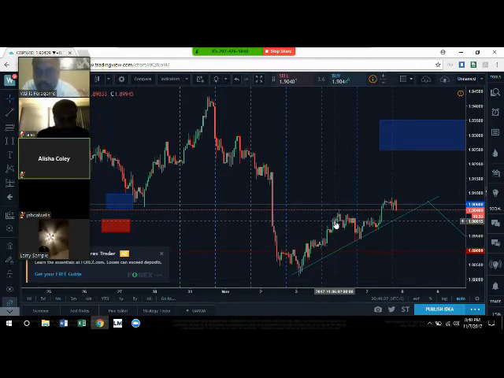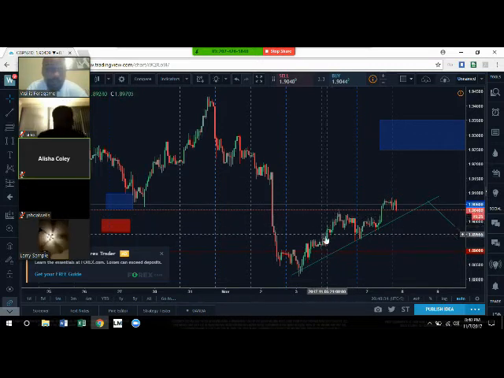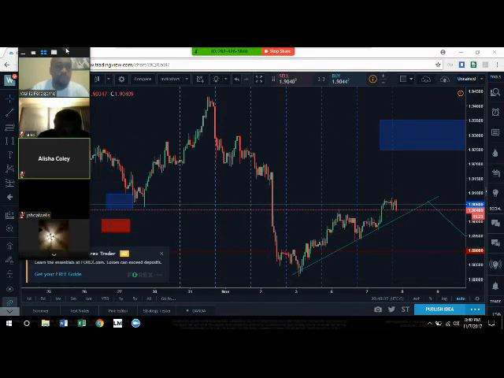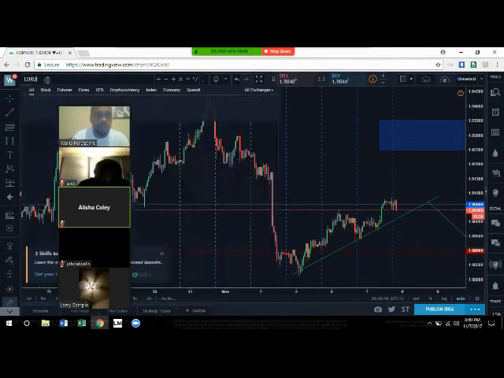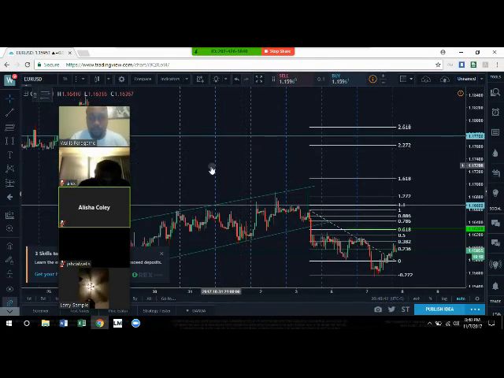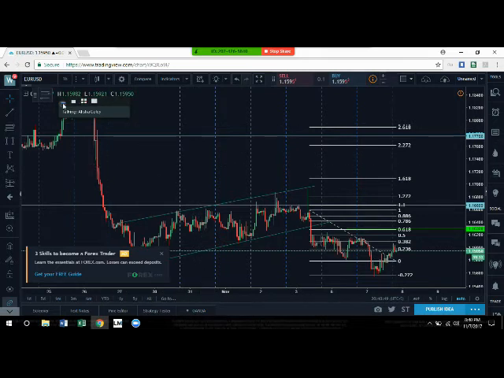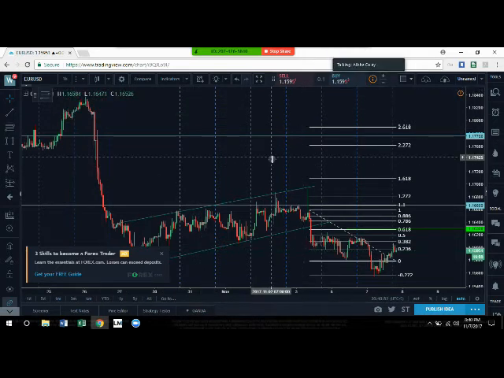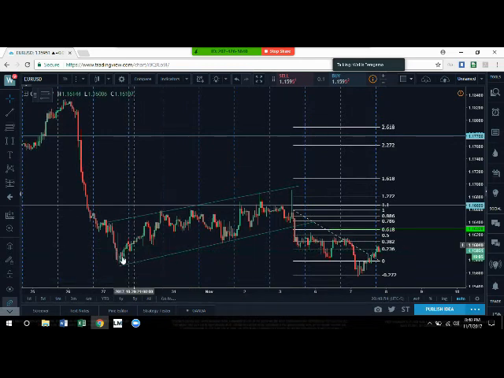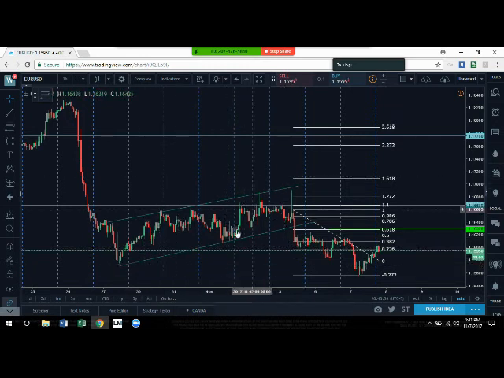Let me go to EU, actually. This is a chart that I marked up the other day with the team. Alex, you remember this one? Actually, this was the other night. I had called this short before the swipe trade came out. That's crazy.